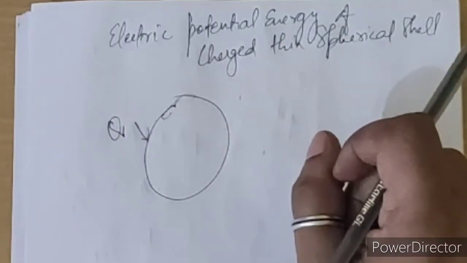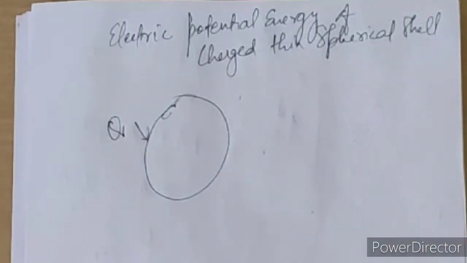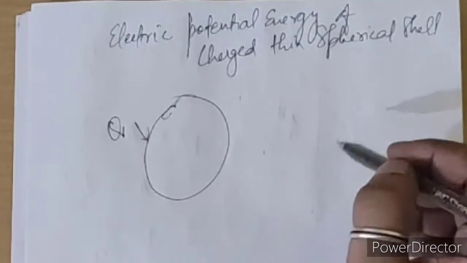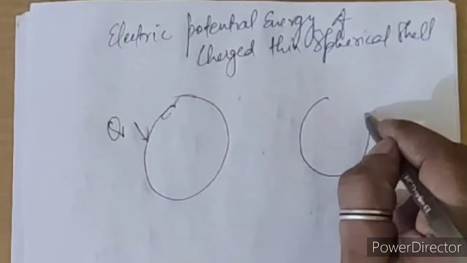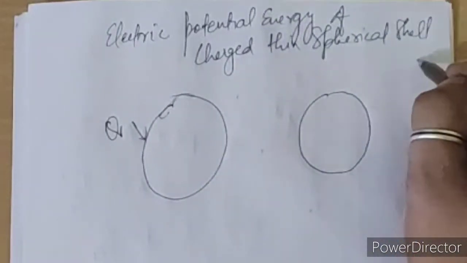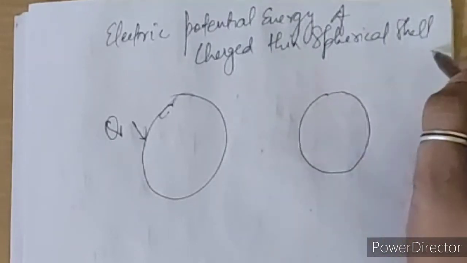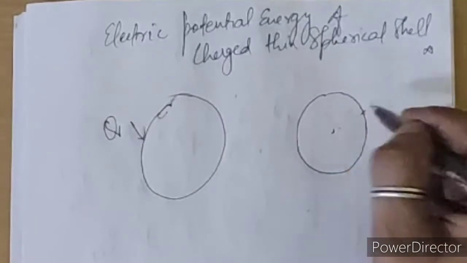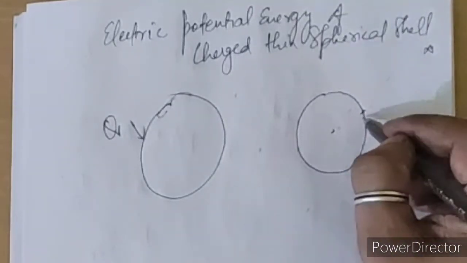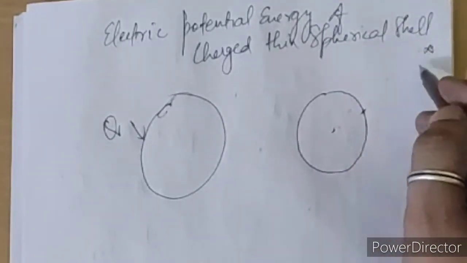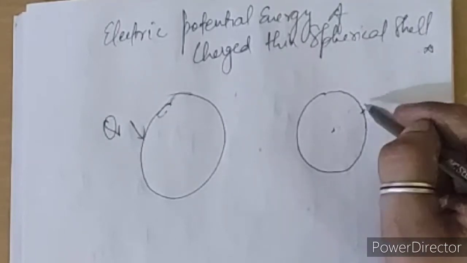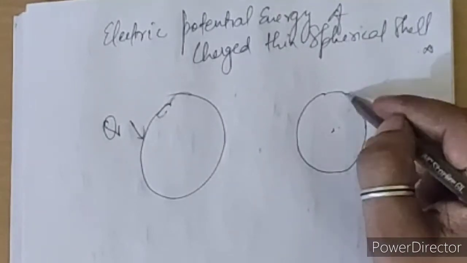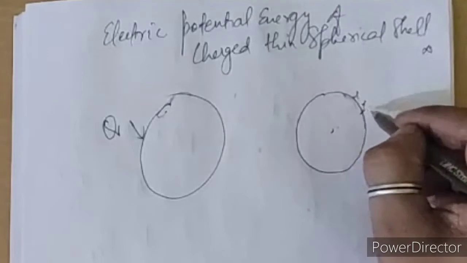So why does it have electrical potential energy? In the first case, when it was uncharged initially, we were bringing small charges from infinity to here, and as we bring in the charge, the potential keeps on increasing and becomes positive.